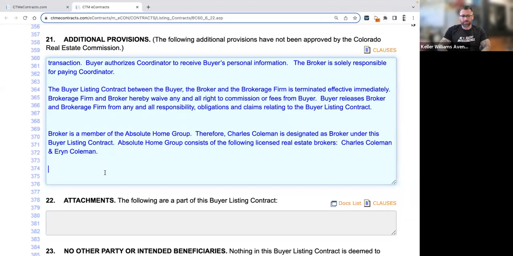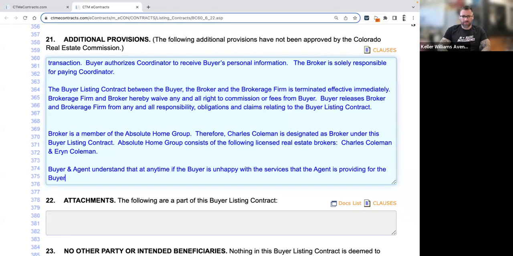So, buyer and agent understand that at any time, if the buyer is unhappy with the services that the agent is providing for the buyer, the buyer can terminate the contract.